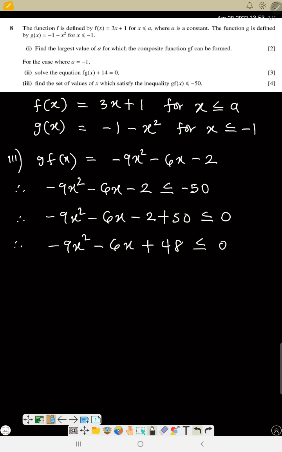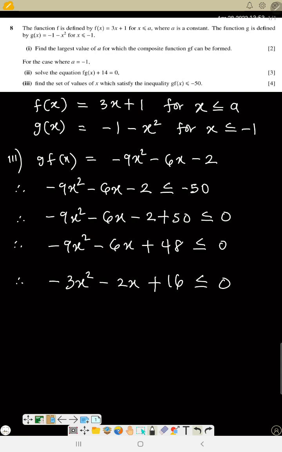What can go into all of them? 3 can go. Divide everything by 3. So this will be minus 3s squared minus 2s plus 16 less than or equal to 0.